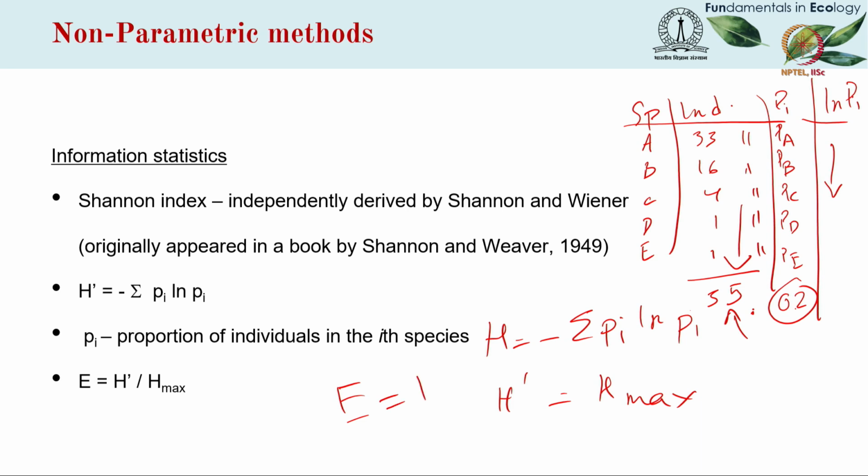So our measure of evenness is derived by comparing the index that we have obtained from our data to the maximum possible value that H could take, and that value would come about if all species were evenly distributed.